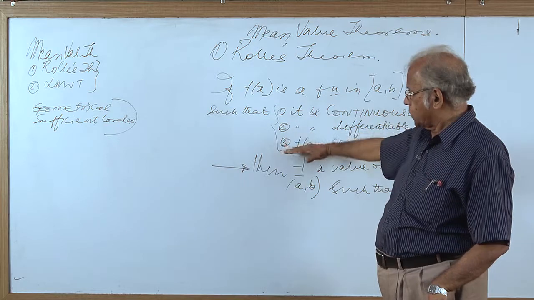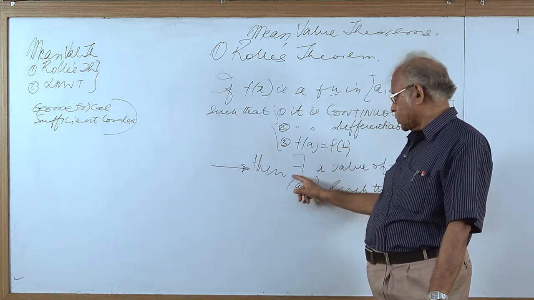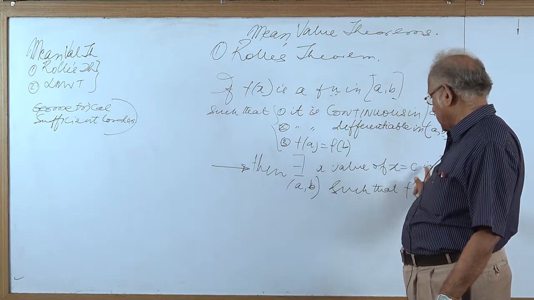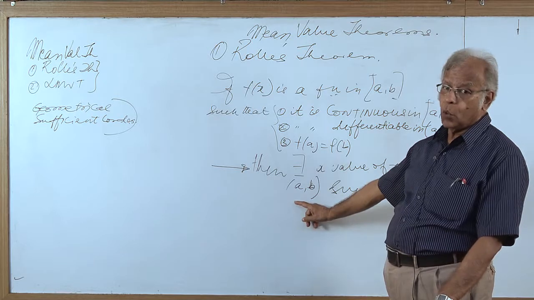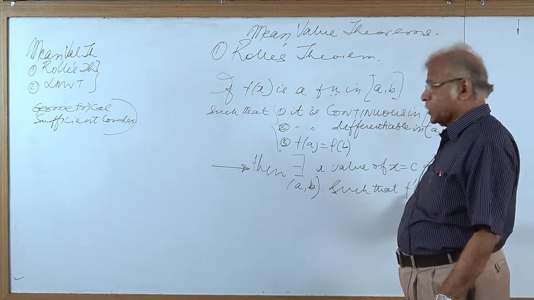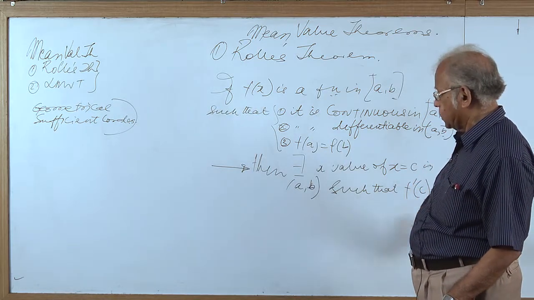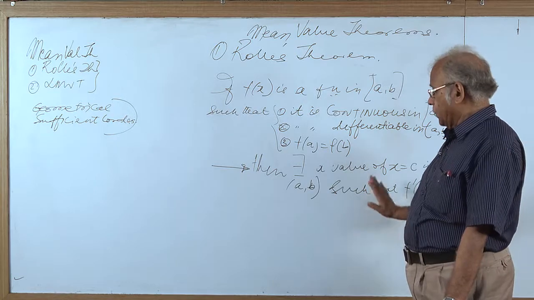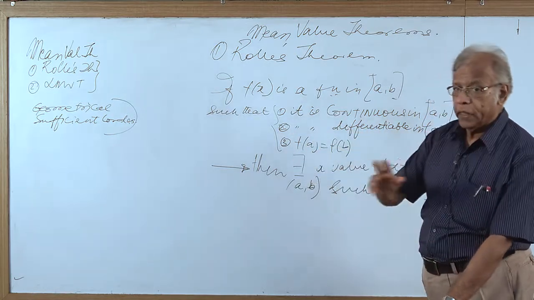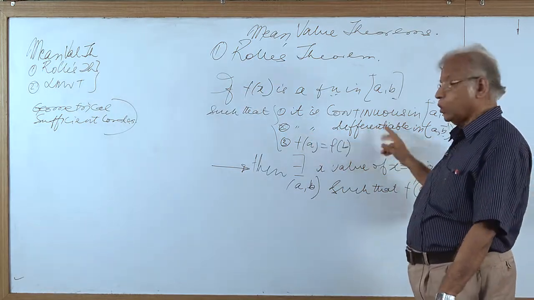Under these conditions, the assertion is that there exists a value of x equal to c inside the open interval such that the derivative f dash x vanishes at that point. That means f dash c is 0. I repeat once again, these are the three conditions: continuity in the closed interval, differentiability in the open interval.